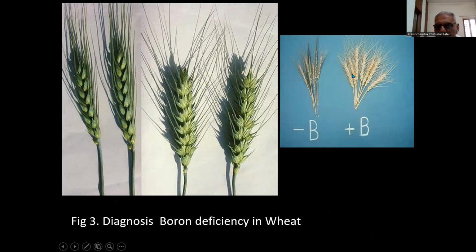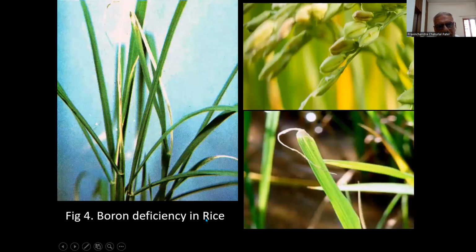So you can see here, boron applied, then the panicle of the wheat is good. Here with boron deficiency, you can see the poor growth of the panicles of the wheat. Then boron deficiency in rice, you can see here poor grain formation of the rice. So we are getting less grain yield of the rice.